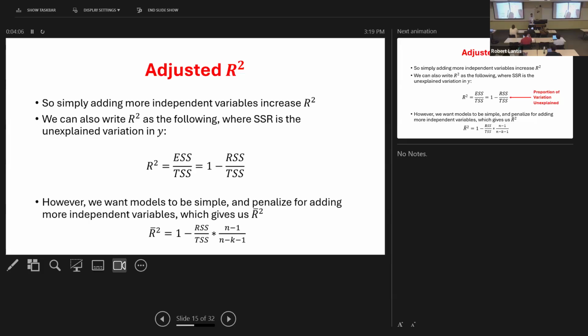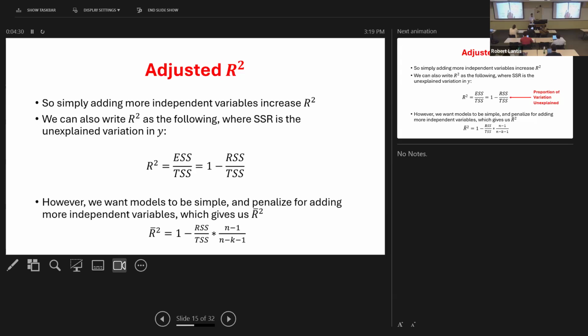So this starts out as a higher value. As I get a larger sample size, what's happening to this fraction? It's getting closer and closer to 1, or it's going down. If I'm subtracting a smaller value, what's happening to my adjusted R squared? It would be going up, right?